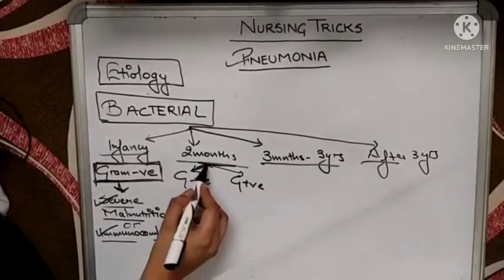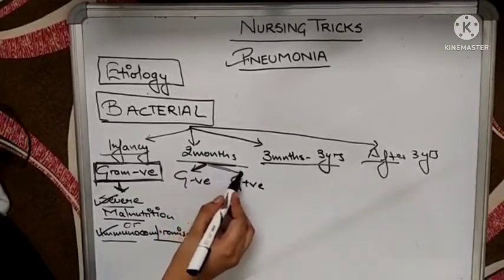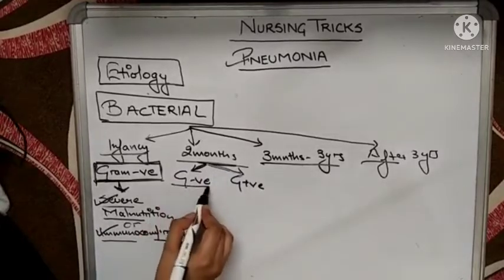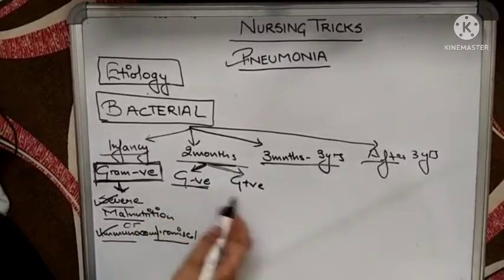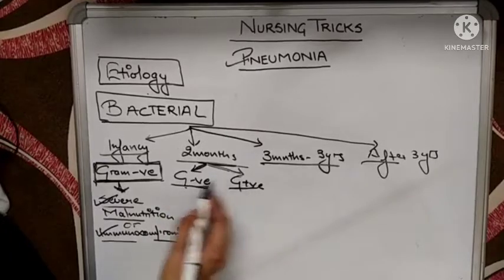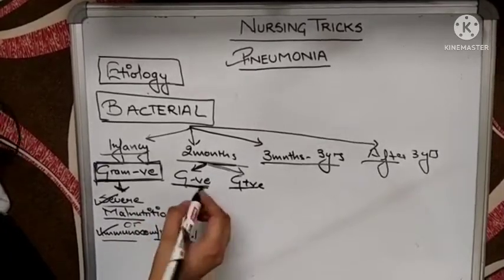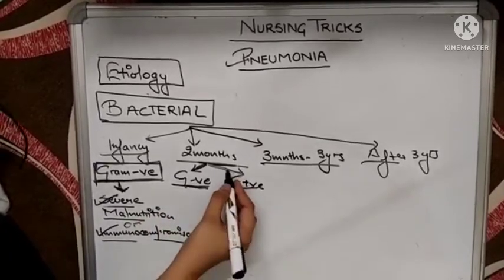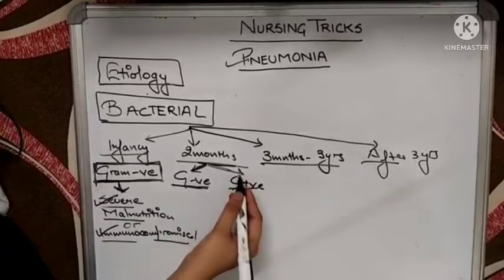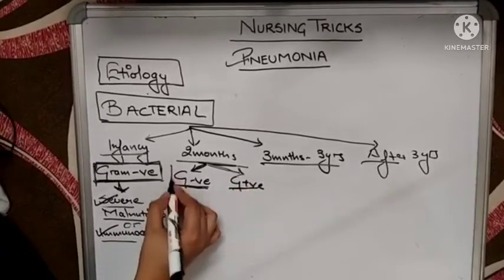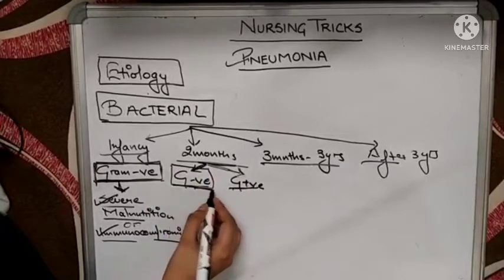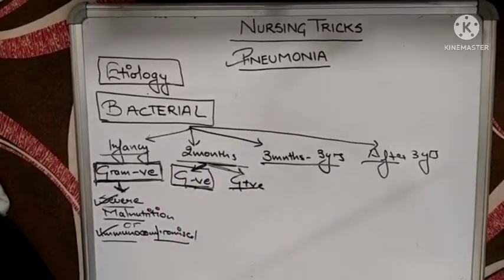Here, very important, you have to see in the stem whether they are asking you about the gram negative or the gram positive, because you will see in the key that gram negative and gram positive both will be written, and it's only your eyes that matter. If you mark the correct answer, you will get the marks, otherwise you will go into the negative.